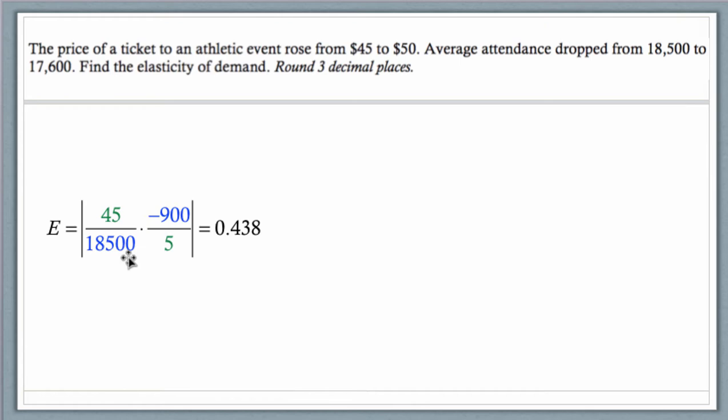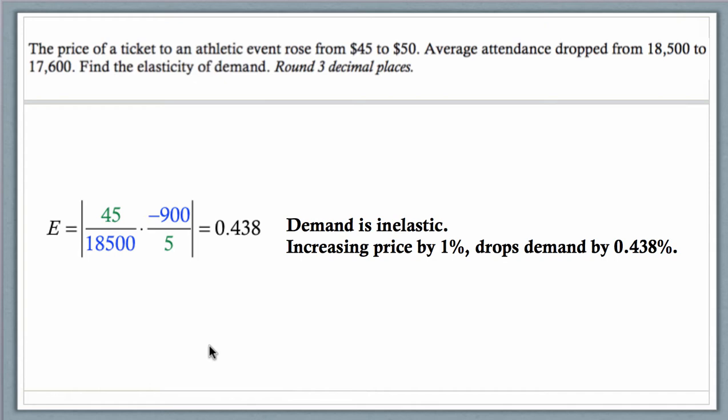Our demand dropped by 900 attendees because our price increased by $5. When I simplify this, we get 0.438, which means that our demand is inelastic. So increasing the price by 1% drops the demand by 0.438%.